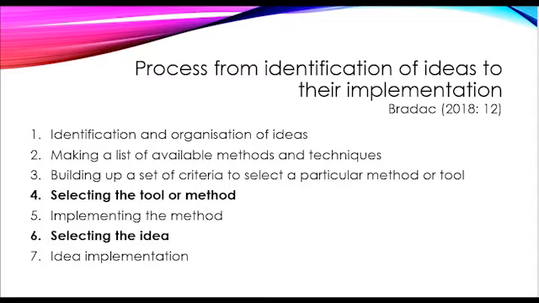The important thing to remember in this process, this analysis of the process that we need to go through from idea generation to idea evaluation, is that when we choose the method that we're going to use to evaluate the idea, that implies an evaluation itself. You know, how do we know which method will be the best method to use? How do we choose the method? How do we evaluate the method for evaluating the idea?